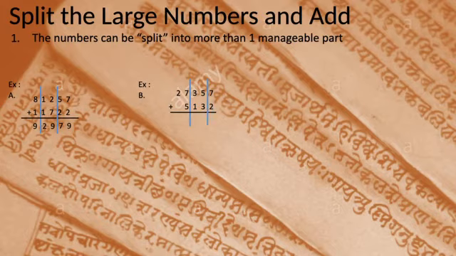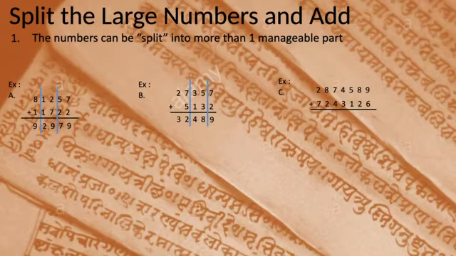I am adding up all the 10,000s and thousands first. So 27 and 5 makes 32. Then I add up the hundreds, 35 and 13, so I get 48. Then I add up the ones, which gives me 9. So the answer is 32,489.